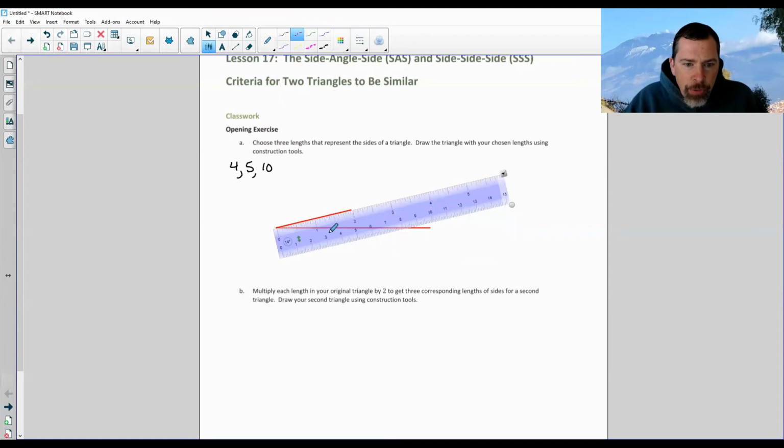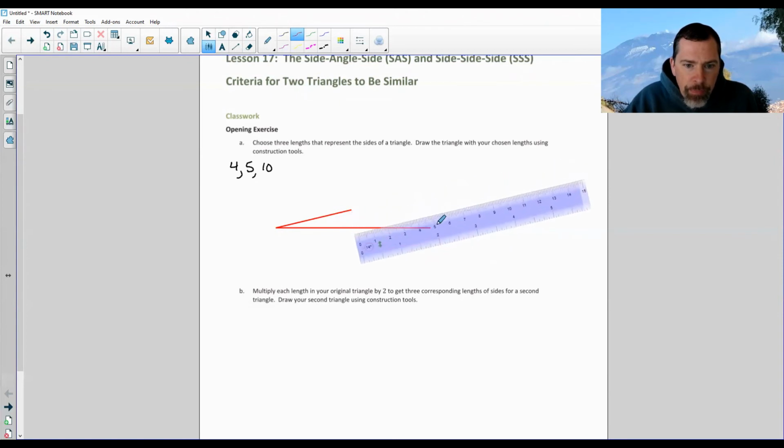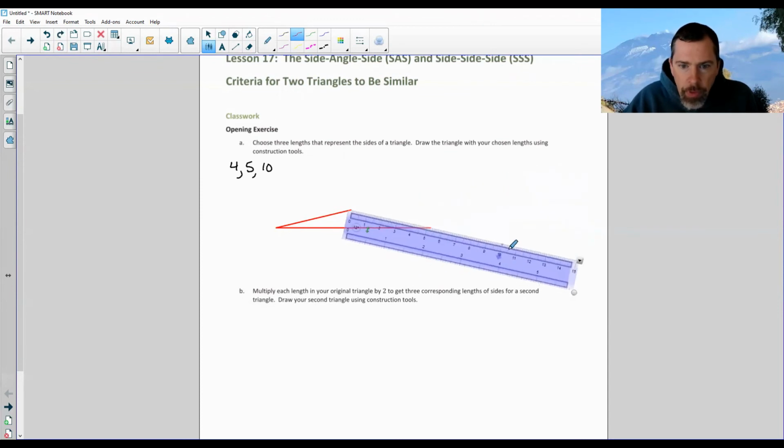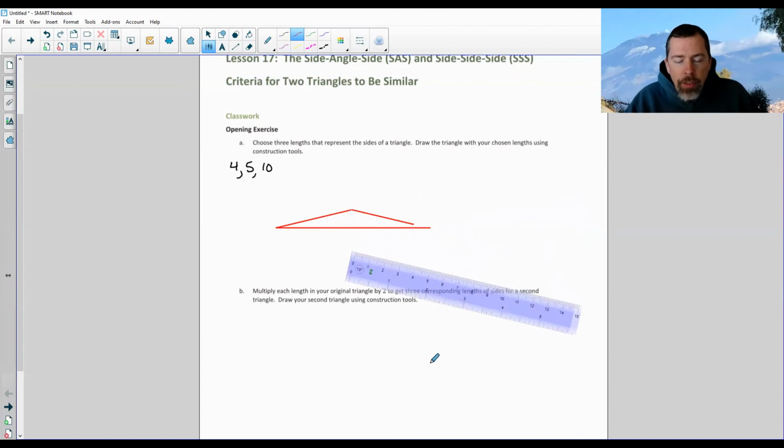Then I'm going to move my ruler to here and draw the last side length of 4. So it's got to go to here, correct? So I go out 1, 2, 3, 4. Whoops. It doesn't reach.